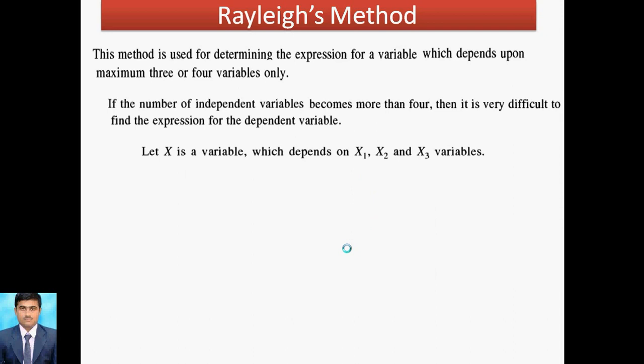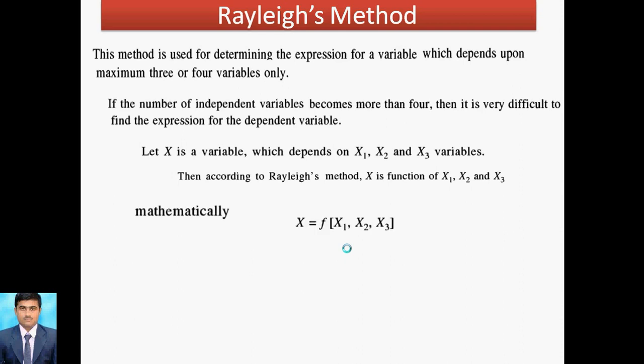So first we consider x as a variable which depends on x1, x2, x3 variables. According to Rayleigh's method, x is a function of x1, x2, x3. So we write it in mathematical format.